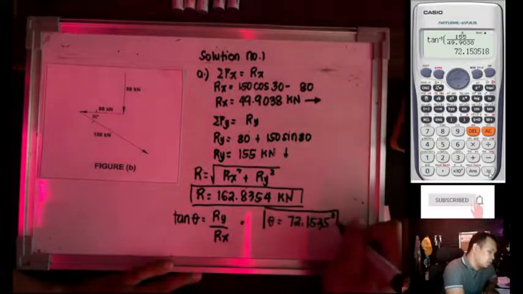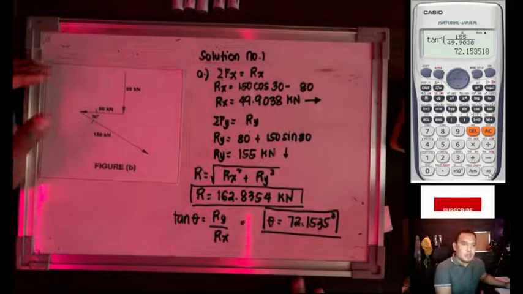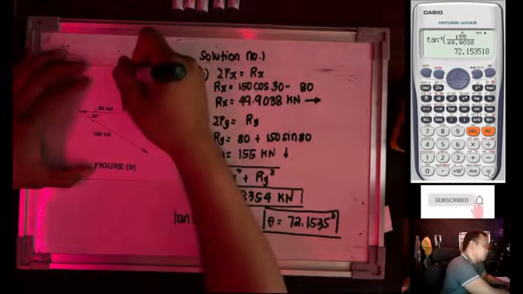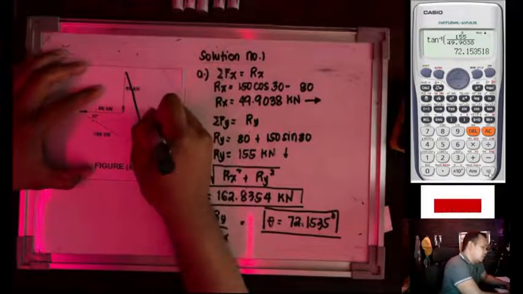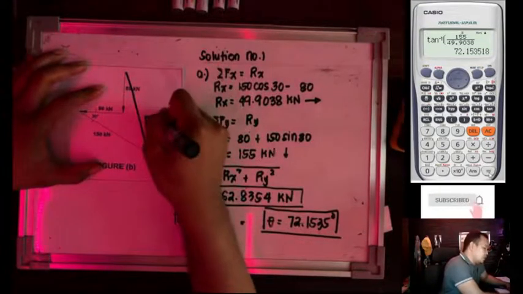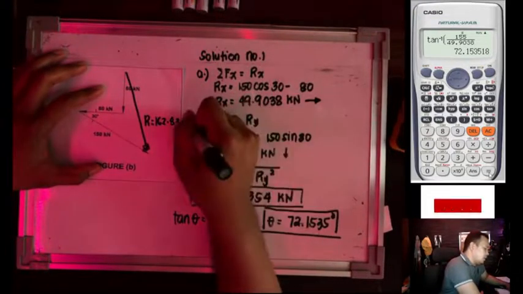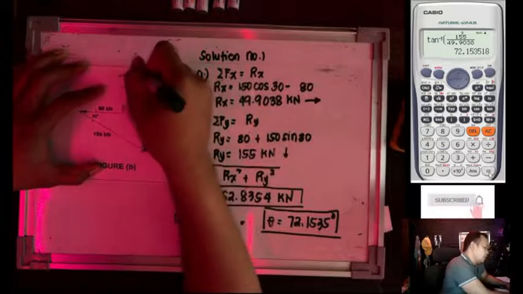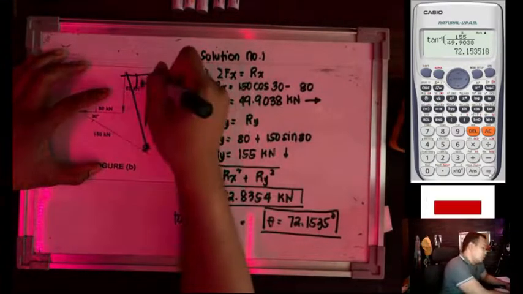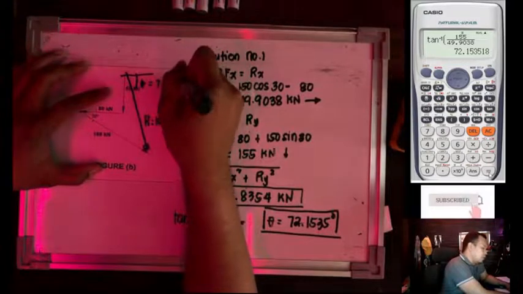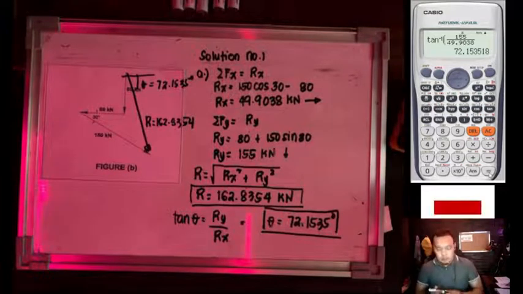So, if we plot it in our figure, as I said again, our figure will close. So, here is our resultant force, which is 162.8354 with an angle theta of 72.1535 degrees.